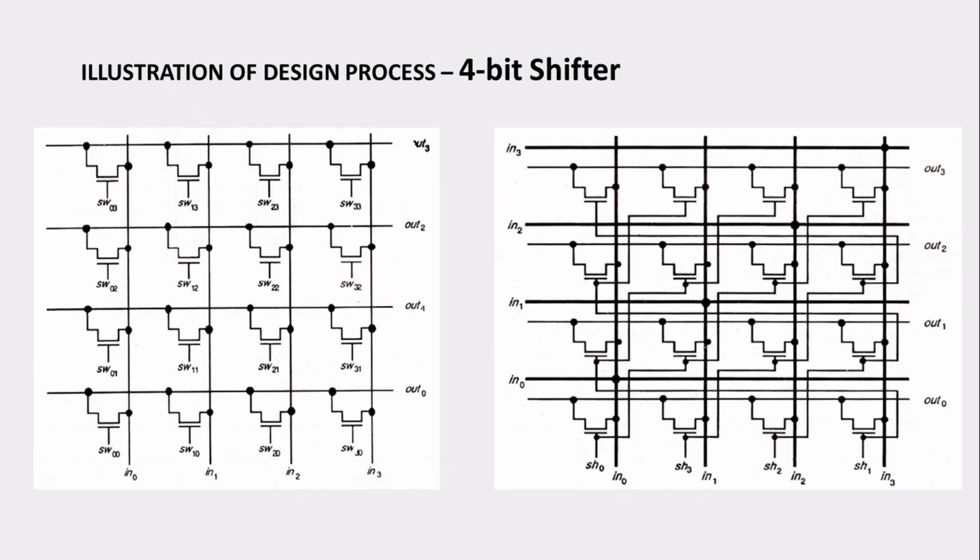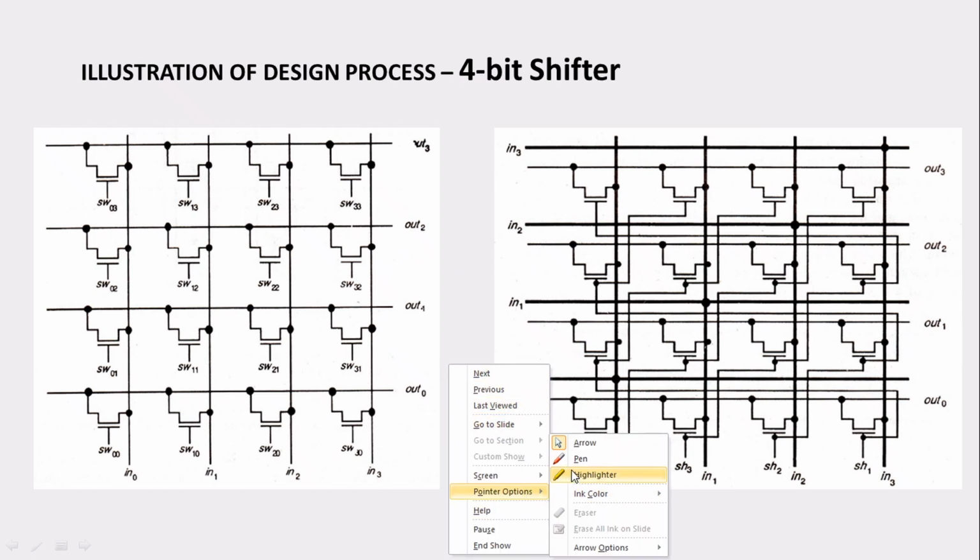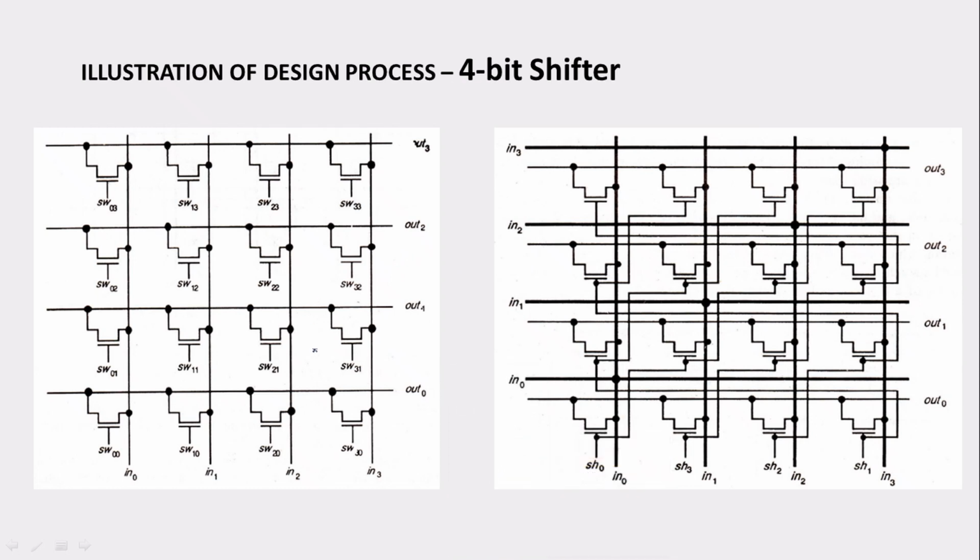If you look at the design, you can look at this particular option over here. Here we were having only pass transistors, where the 16 different pass transistors have been grouped like this.